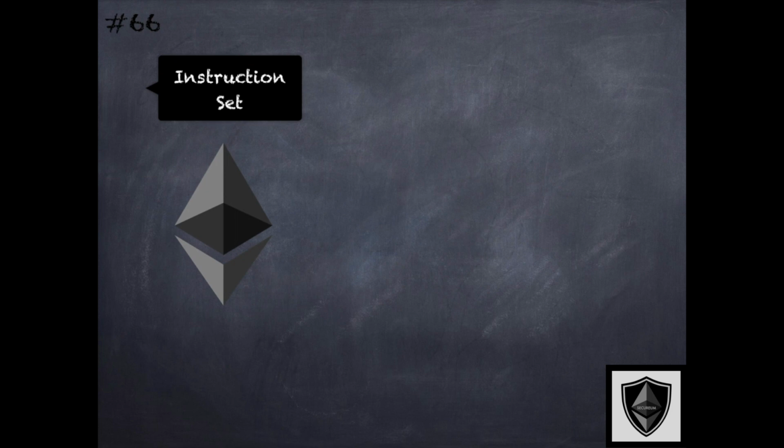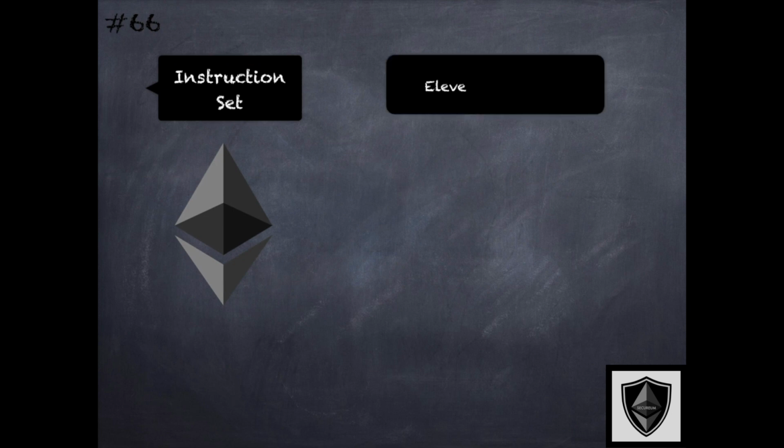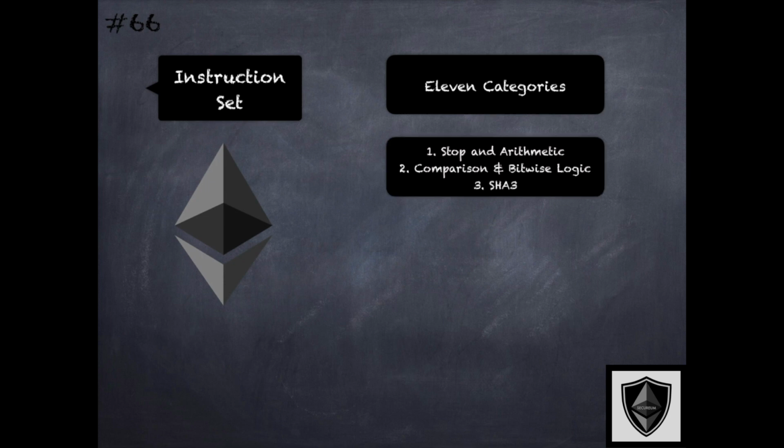Now let's take a look at the instruction set supported by EVM. All the instructions supported by the EVM can be categorized into 11 categories. There is the stop and arithmetic operations. There is the comparison and bitwise logic. There's the SHA-3 instruction.